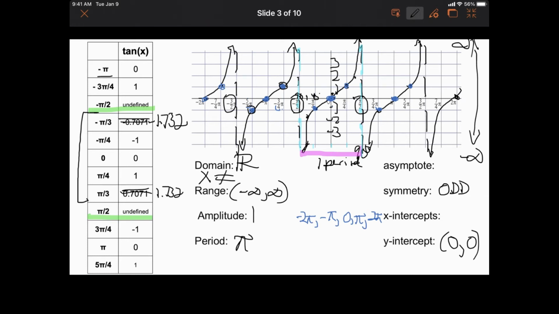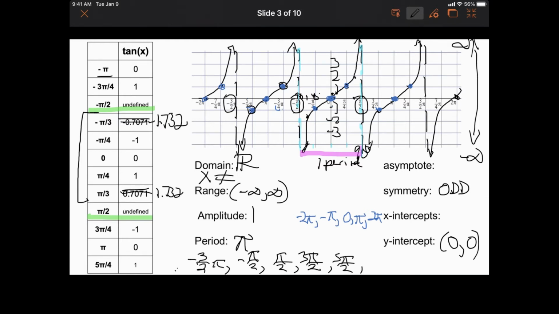Actually, I'm going to write our asymptotes down here because I have more space. The asymptotes were negative 3 pi over 2, negative pi over 2, pi over 2, 3 pi over 2, and 5 pi over 2. Do you remember that? Then our next in the pattern would be 7 pi over 2, 9 pi over 2.